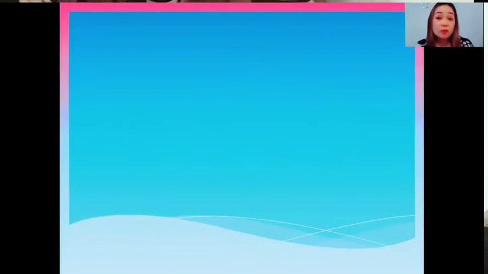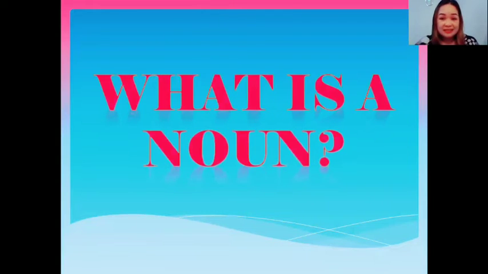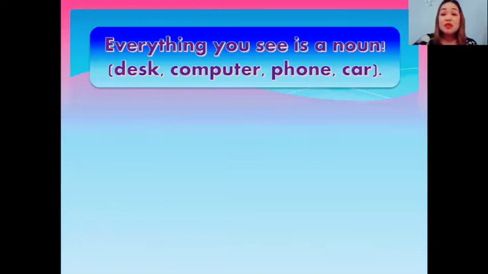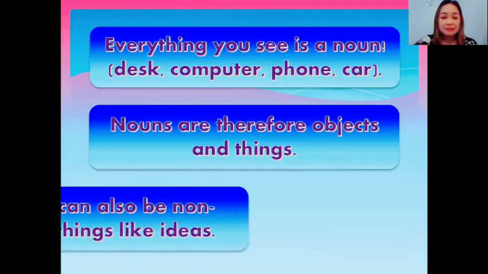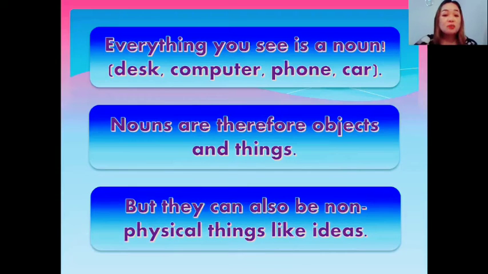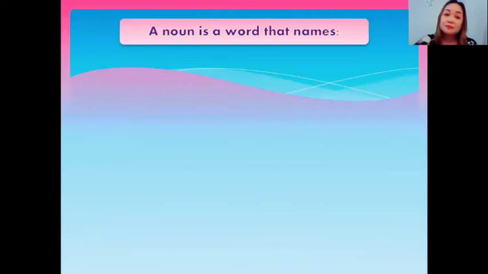So now, before we talk about countable and uncountable nouns, let's see first the definition of a noun. What is it? What is a noun? Everything you see is a noun. Desk, computer, phone, car. Nouns are therefore objects and things. But they can also be non-physical things like ideas.